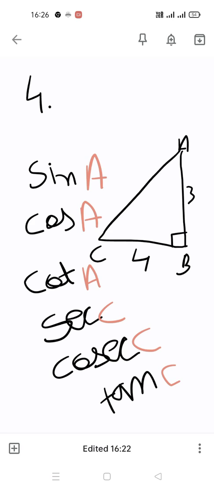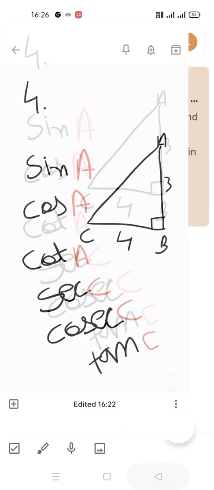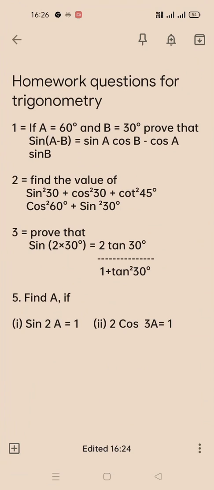Okay, this is your 4th question. Have you taken the screenshot? Firstly, rapidly take the screenshot of it. Okay, take the screenshot of it, and then I move to the 5th question. Okay, these are the 1 2 3 5.